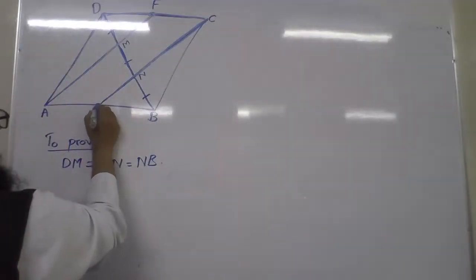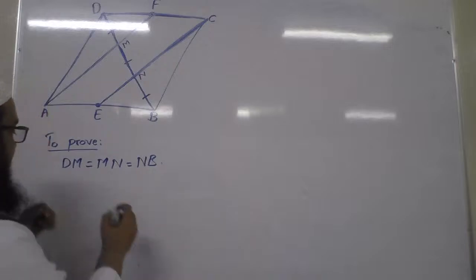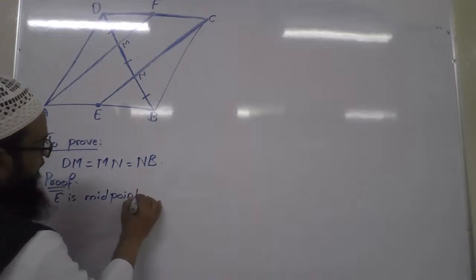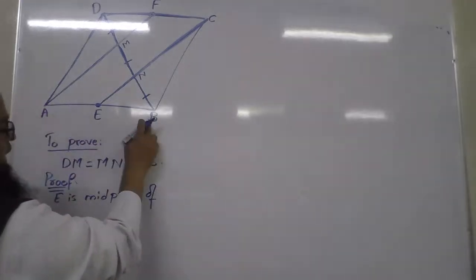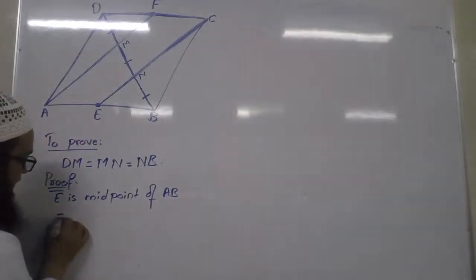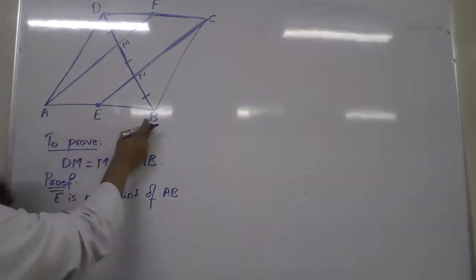E is midpoint of AB. Is it right? That implies AE is equal to BE.